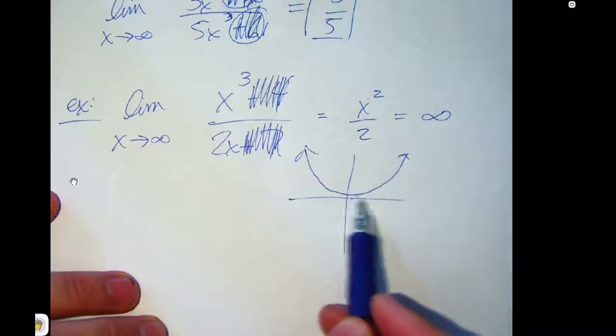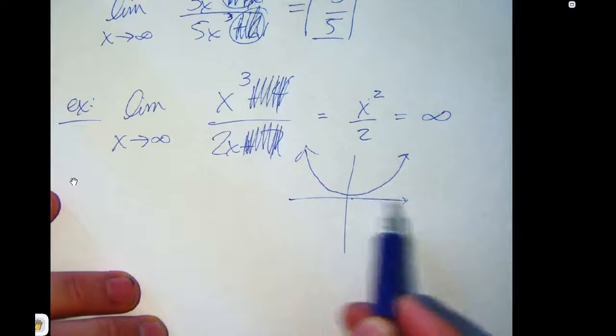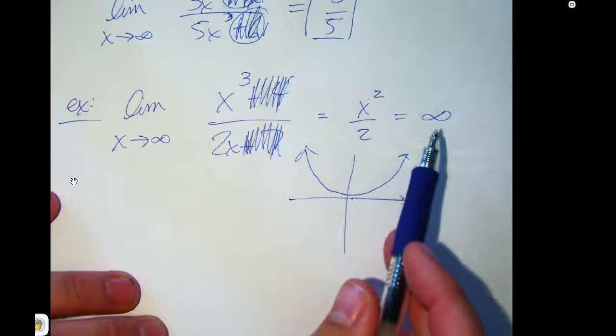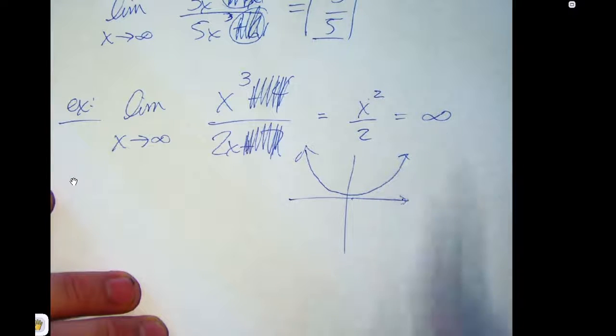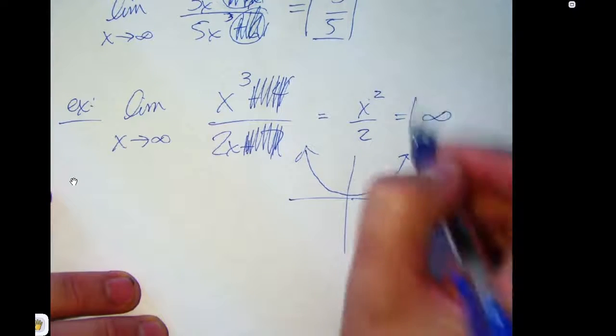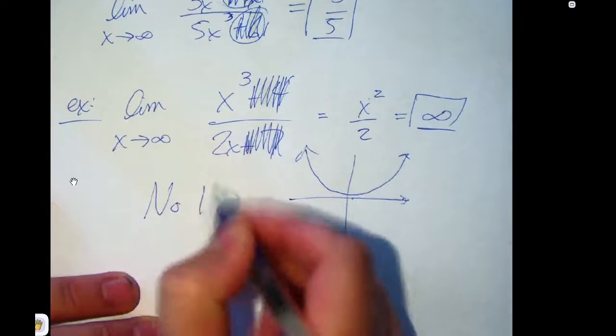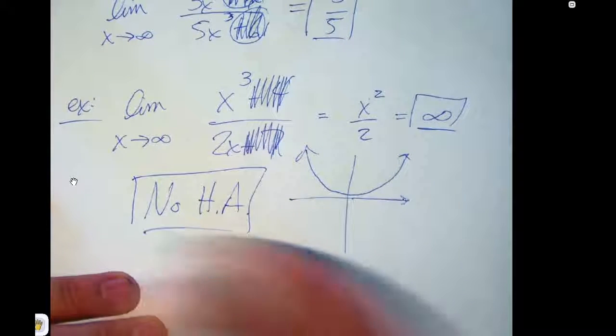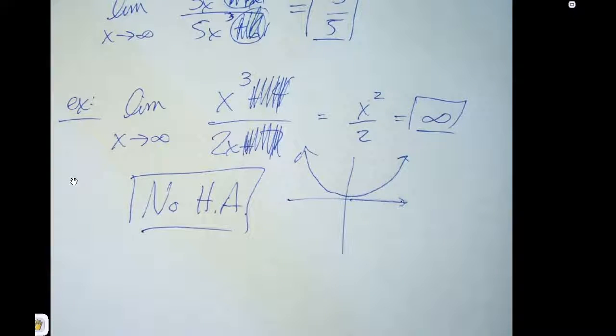As the x value gets bigger and bigger, as I go more and more to the right, what's happening to the y value? It's going up forever, right? It's getting bigger and bigger and bigger also. So in this case, this would be your limit, and you would say there is no horizontal asymptote, because it doesn't level off, it just goes up forever. Or it could go down forever also.